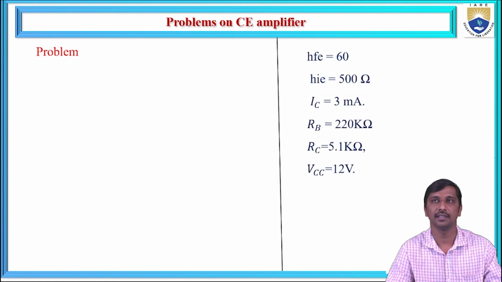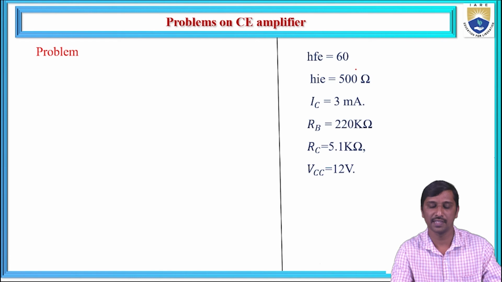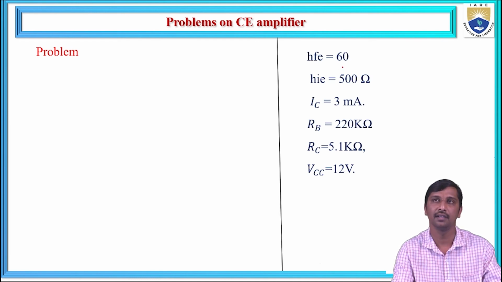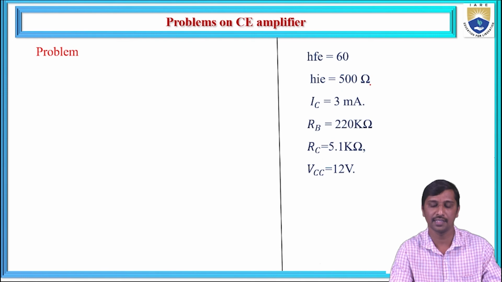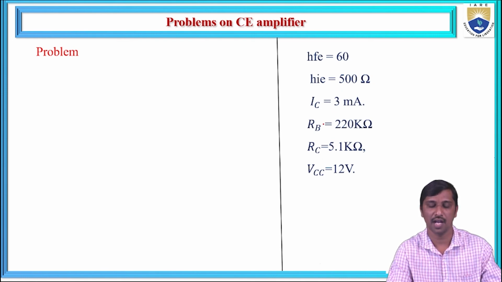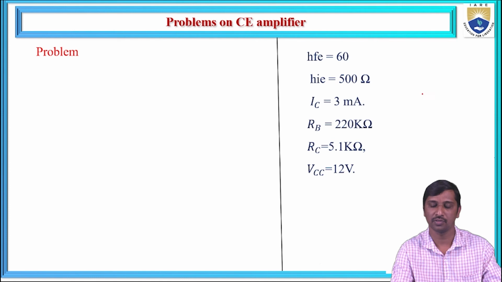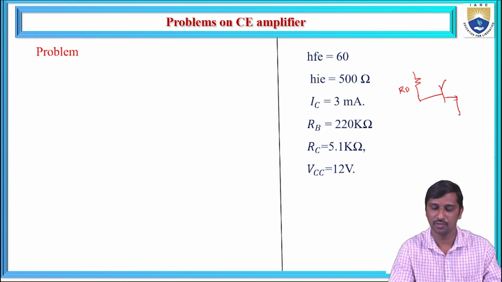Let us identify the given specifications based on the problem statement. hfe is 60, hie is 500 ohms. The collector current IC is 3 milliamps. RB, the base resistance, is 220 kilo ohms. RC is 5.1 kilo ohms and VCC is 12 volts. Here the circuit is, this is RB, and we are going to use the fixed bias method, and there is no emitter resistance.